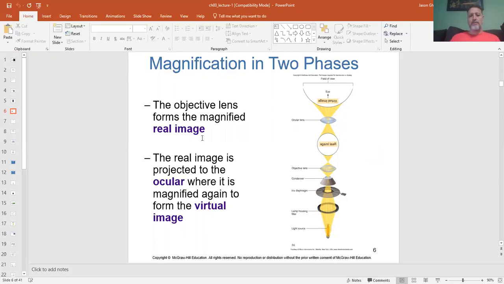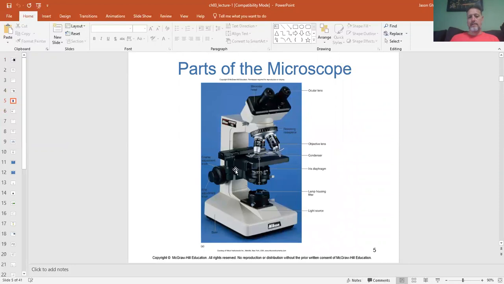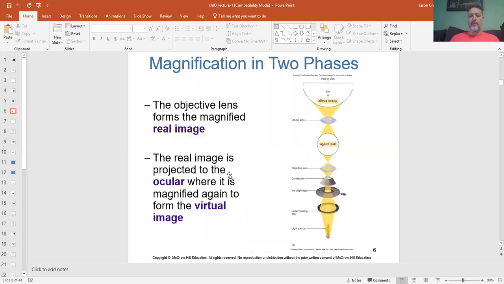So the real image is going to be different than what your ocular image is because it's going to be upside down and backwards for your point of view in the microscope, which is why on this type of microscope the adjustment knobs are much easier to use than the old type with just stage clips where you just have to use your thumbs to slide them around.